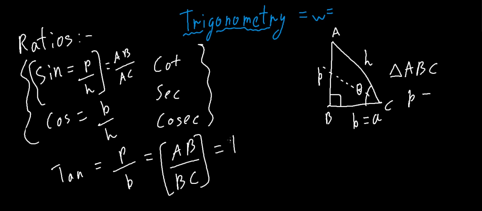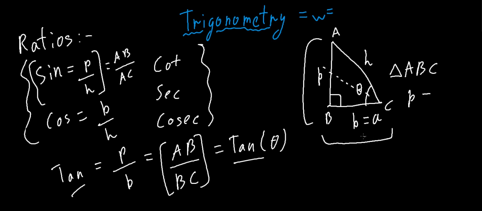So this will be tan theta. Oh no, I've written it two times, here and here, no problem. So in triangle ABC, the tangent, which is perpendicular by base, is AB by BC.